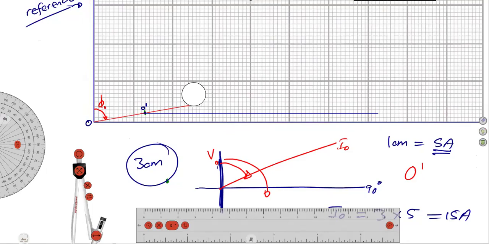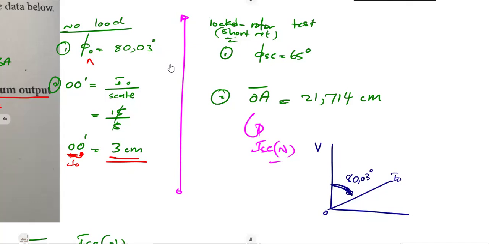You can erase, okay, this line is extending, so you can just try to erase a little bit like that, okay? That is a normal presentation there. This is no load. We are done with the no load. We go back to the short circuit.